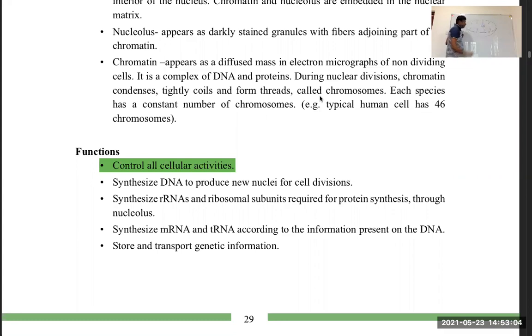Circular DNA, and 70S ribosomes, not 80S, 70S ribosomes.